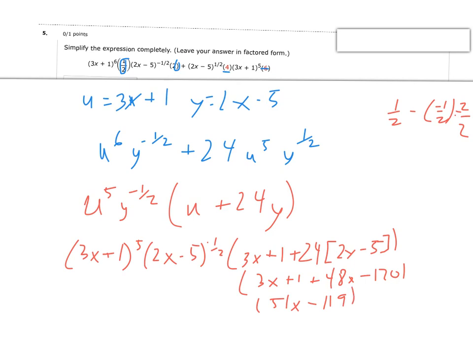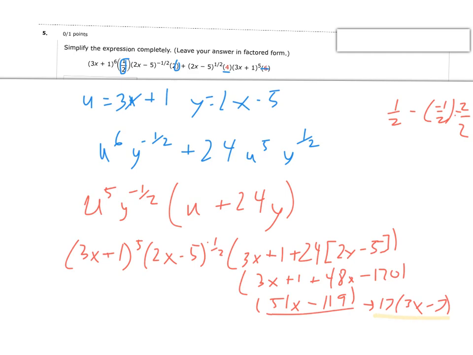And then the last thing we need to kind of double check here is does this one have a GCF, which actually this one does. It's 17. So we got 17 times 3x minus 7. So that's going to be my kind of final from over here.